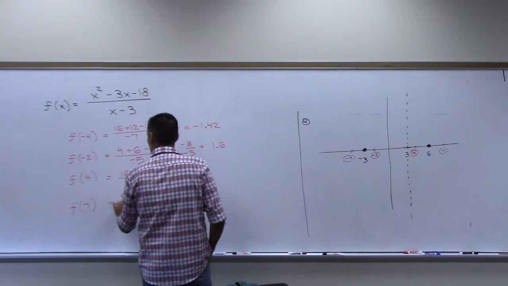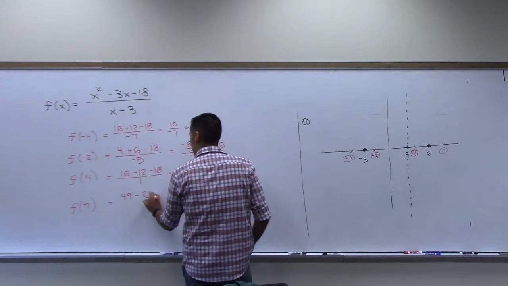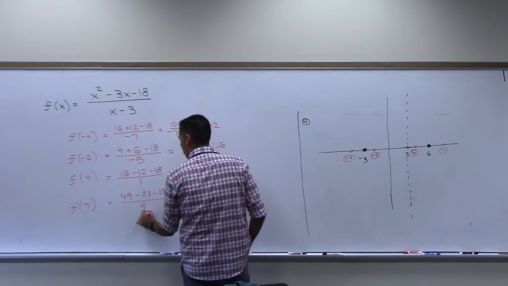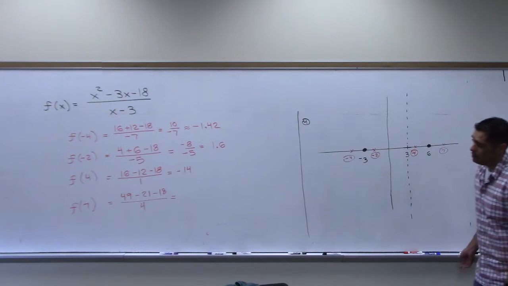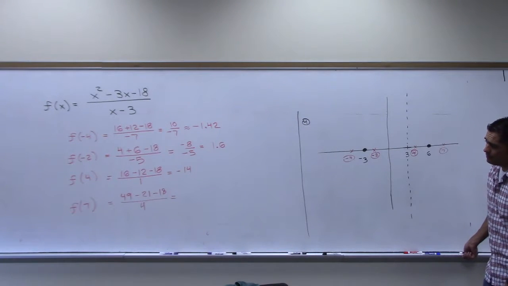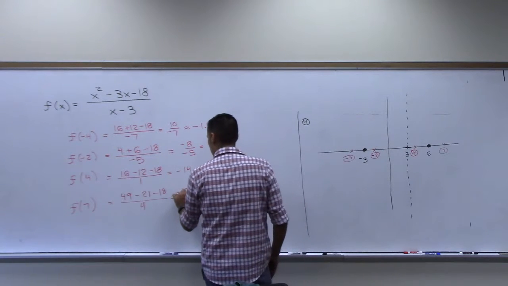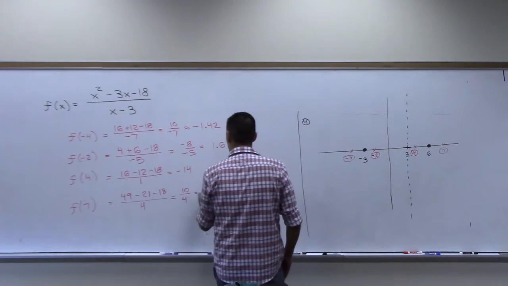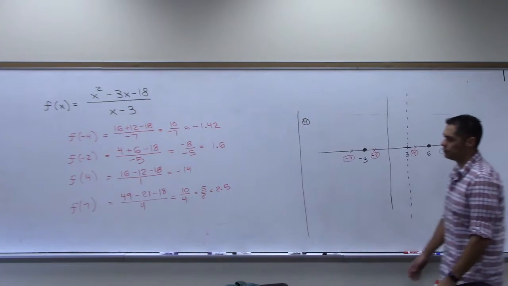Let's see, 49 minus 21 minus 18 over 7 minus 3 is 4. So 39, is that 10 on top? 10 on top over 4. 10 fourths is the same as 5 halves, which is 2.5. There we go.